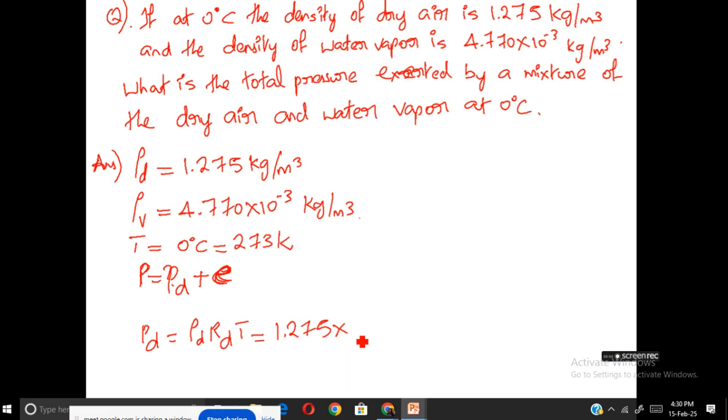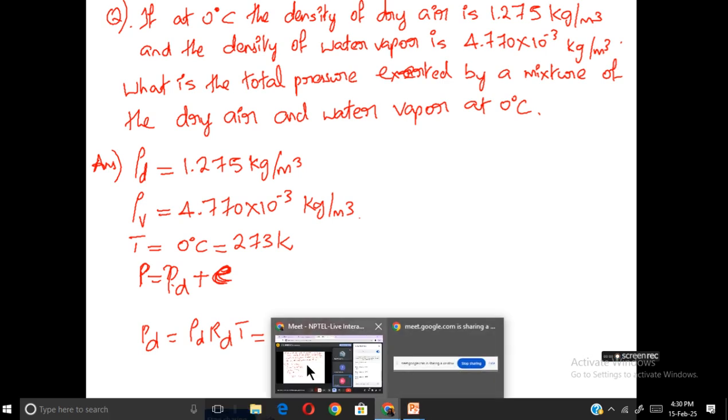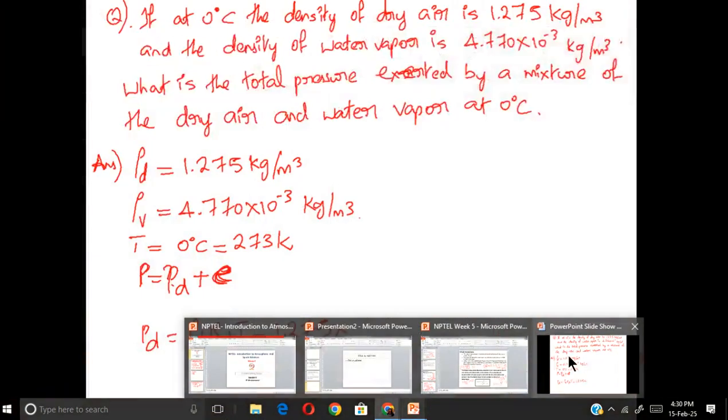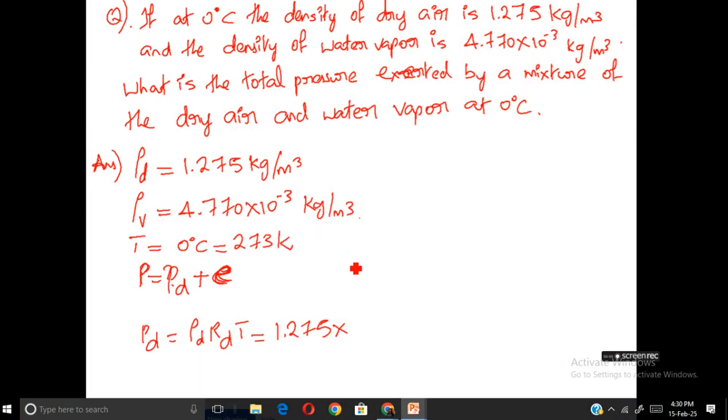What will be the value of RD? It will be 287. 287 into temperature, which will be 273.